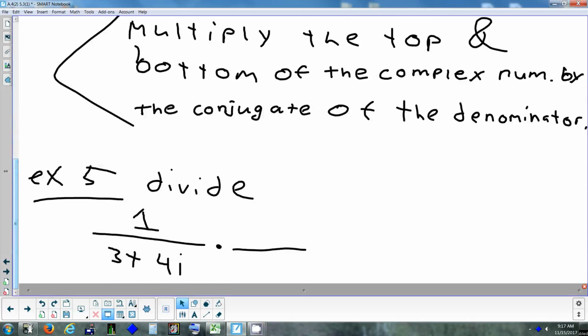Okay, so the directions say multiply the top and the bottom by the conjugate of what's in the bottom. What's the conjugate of what's in the bottom? Yep, 3 minus 4i. So we're going to multiply top and bottom by 3 minus 4i.